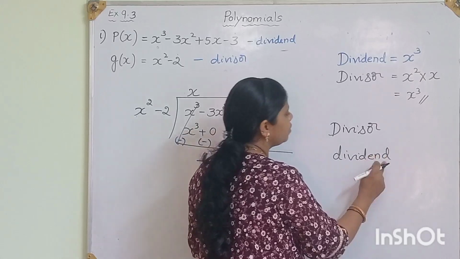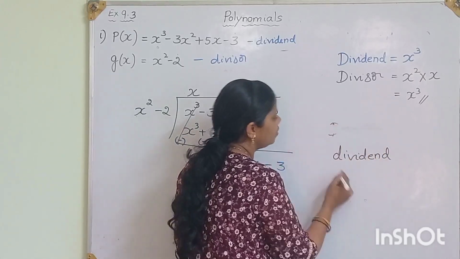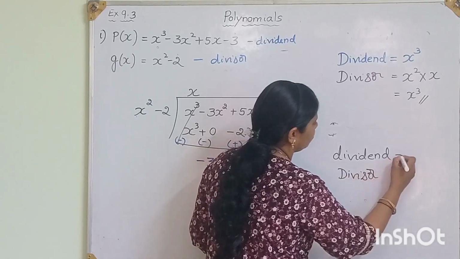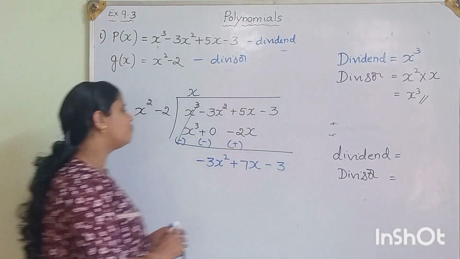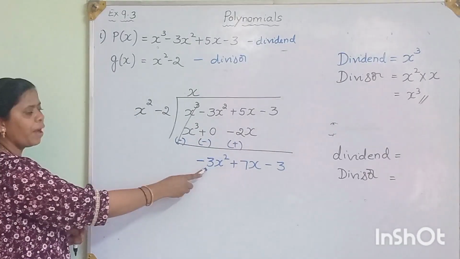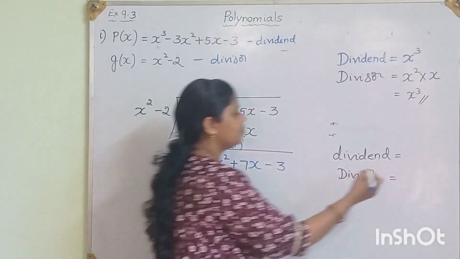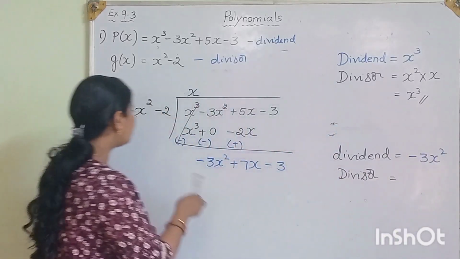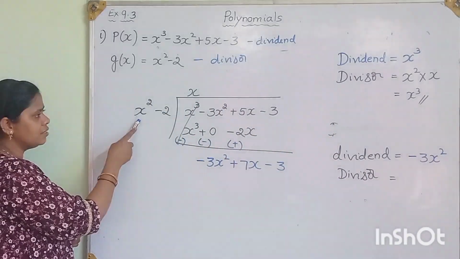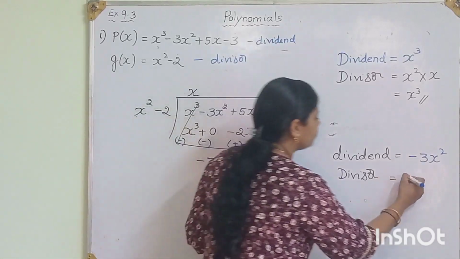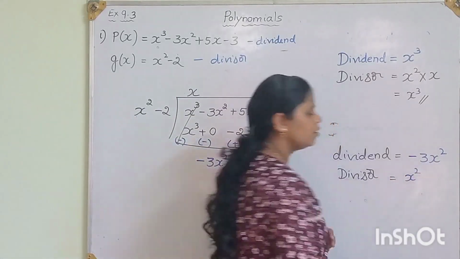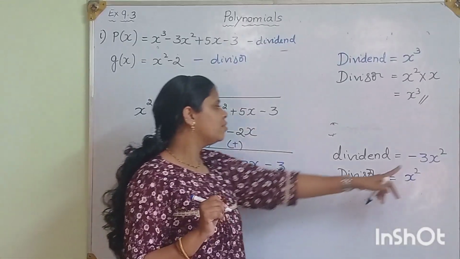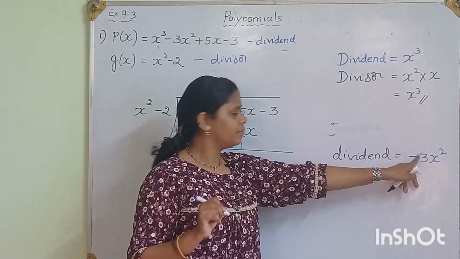Let me write the dividend first, afterwards the divisor. The first term of the dividend is minus 3x square. And the first term of the divisor is x square. Now tell me which number I have to multiply to get this as the answer.